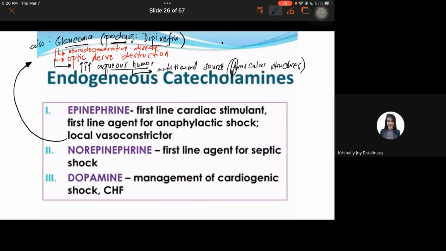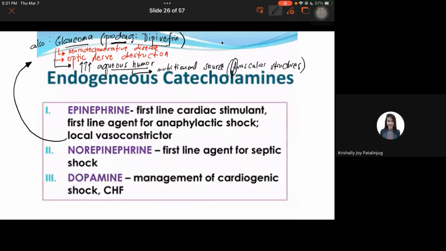Siyempre, ang ato ang realization ana kung absence ng vessels yung part na yan sa mata, limited siya ngayon ng nutrients. Kaya wa man siya vessels. Remember, sa katawan natin, ang nagdadala ng nutrients sa different cells, tissues, it's the blood. Okay? Saan ba nagdadalo yung blood? Sa vessels, di ba? So kung avascular yung structure na yan, limited yung nare-receive niya na nutrients.